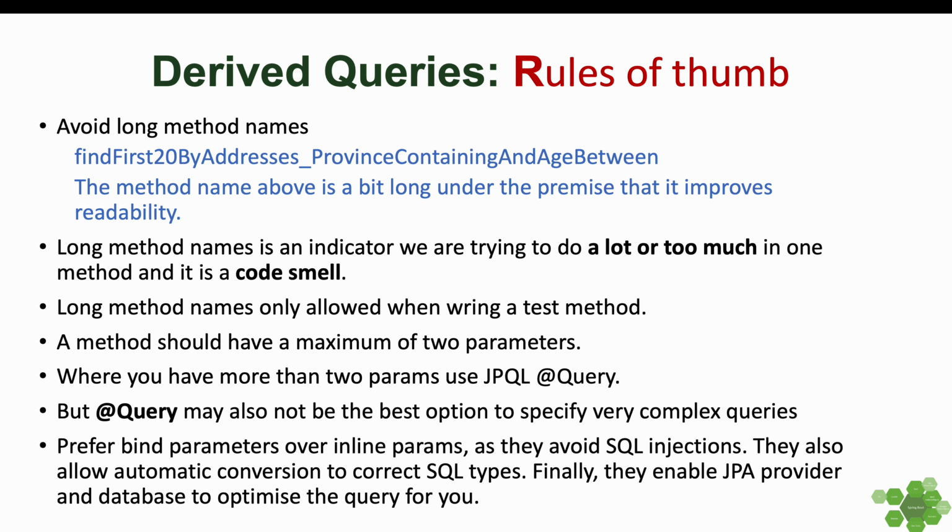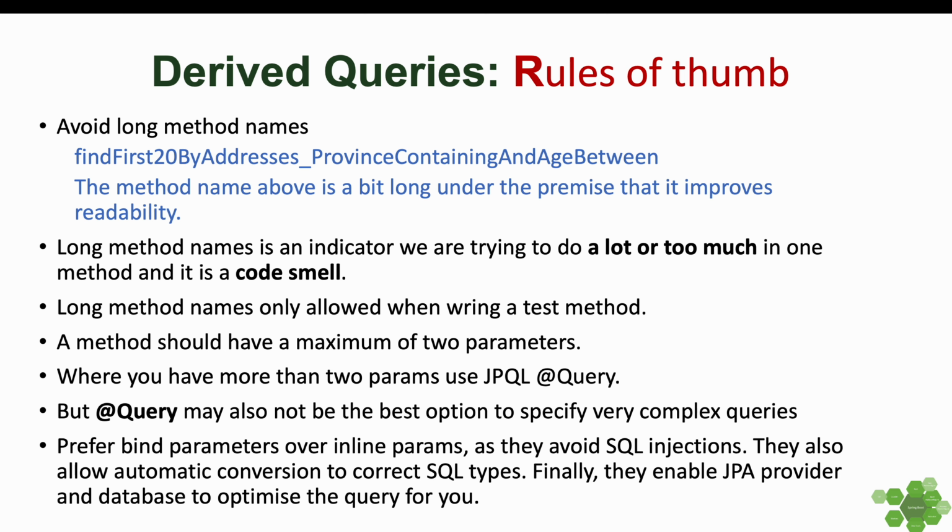Also, a method should not have more than 2 parameters. A method should have a maximum of 2 parameters.